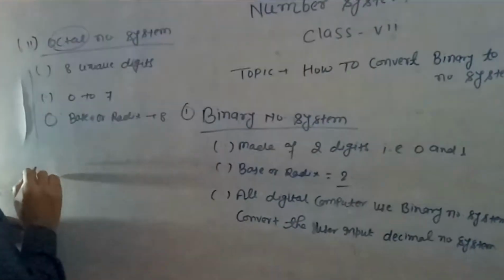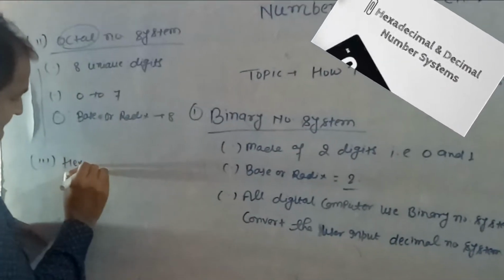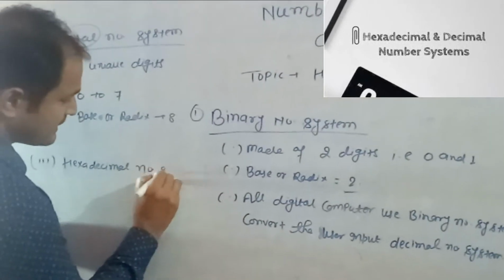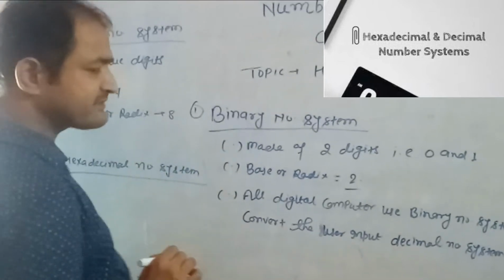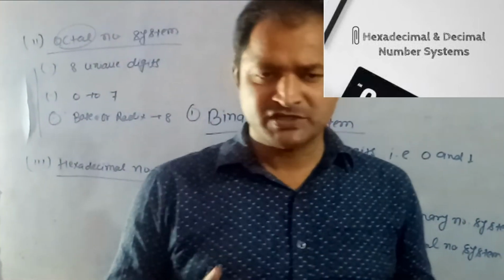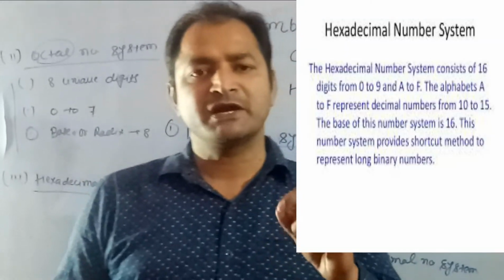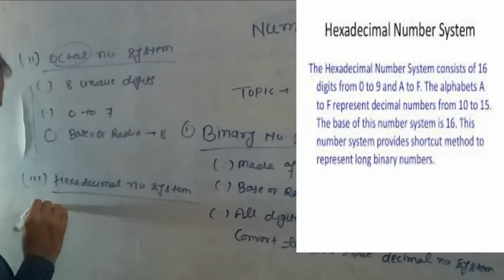Today the third point, hexadecimal number system. My dear students, you remember from the previous classes, the hexadecimal number system is made of 16. Hexa means 16.